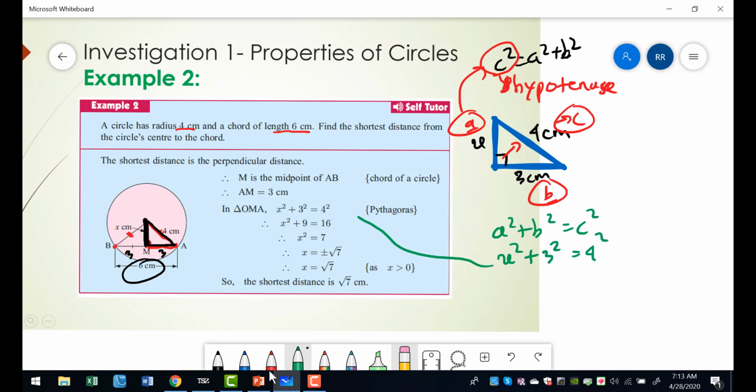Right, so you do the same thing like this one here, right? So you only need to square all of them. So it's x squared plus 9 equals 16. So x squared equals 16 minus 9, which equals 7. So x will be equal to the square root of 7 centimeter. So this is the shortest distance from the circle center to the chord.